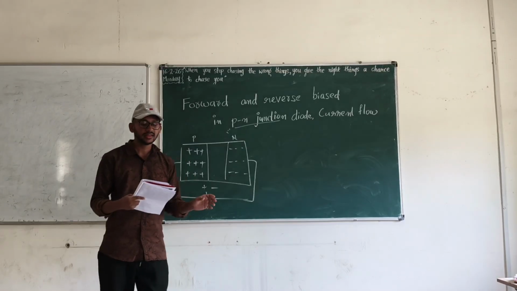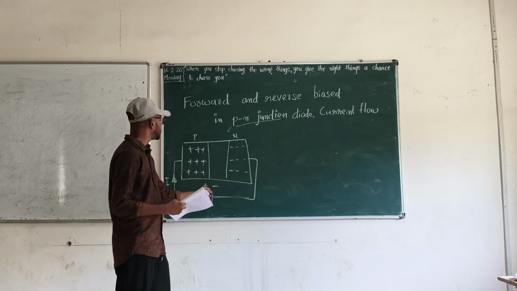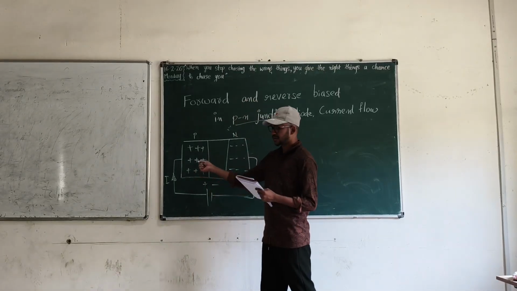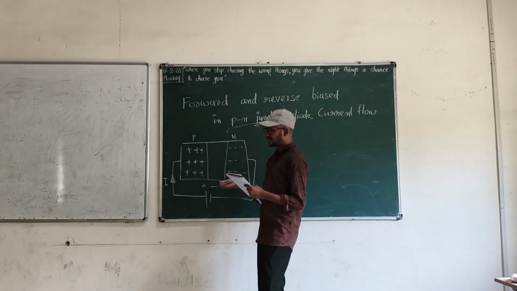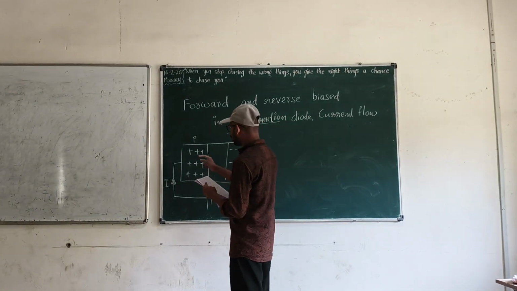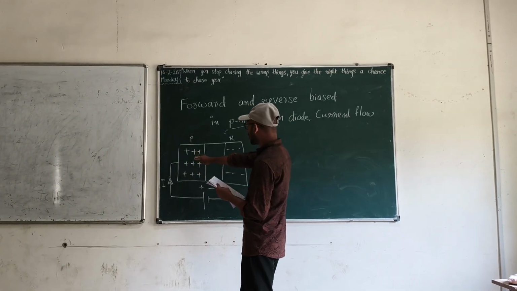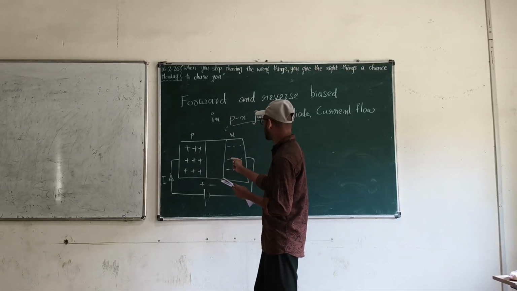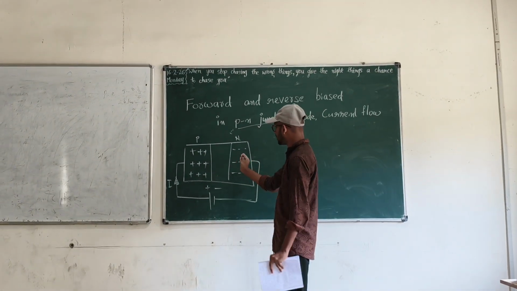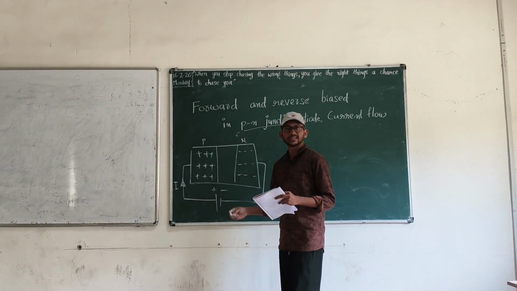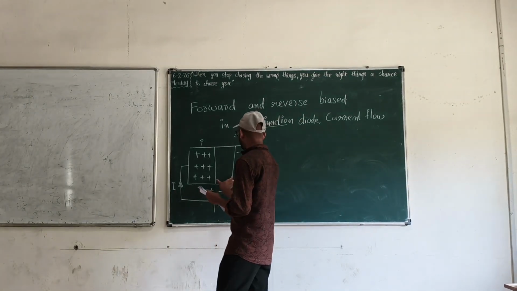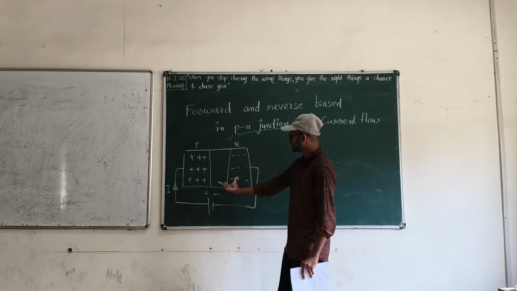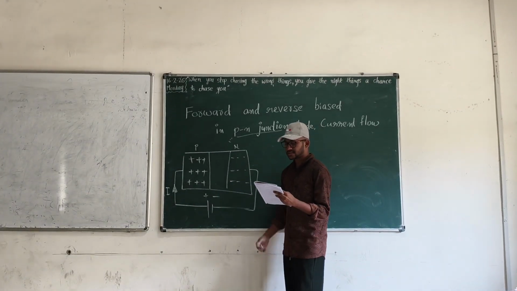Let's talk about the effect of this forward bias on this depletion region. When this P side is connected to the positive terminal, holes in this P region are repelled towards this junction, and electrons in this N region are also repelled towards the junction. As a result, the width of this depletion region decreases and the barrier potential here also decreases.